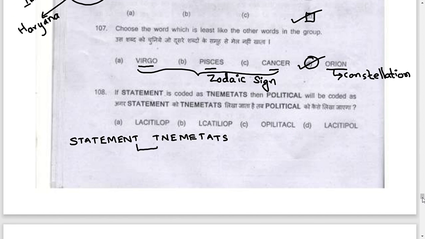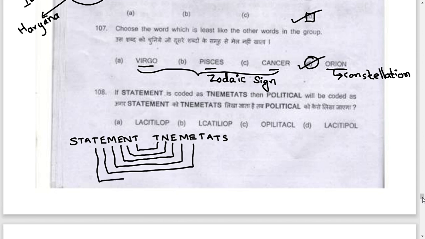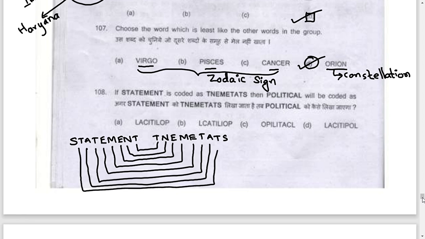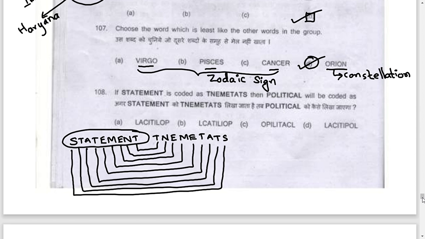Here T is like this, N is written the same. So they have reversed it: M, again E, again T, again A, again T, and last S. So statement they have written in reverse. Now we should write political in reverse.